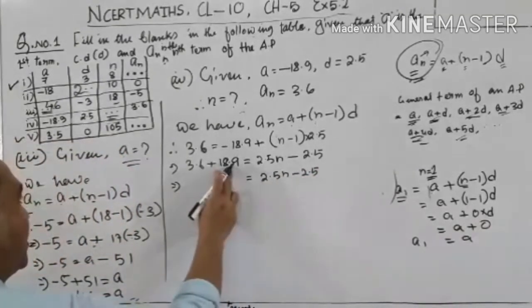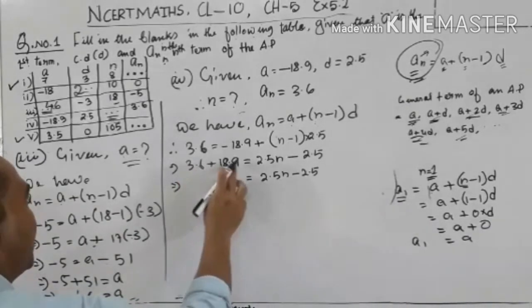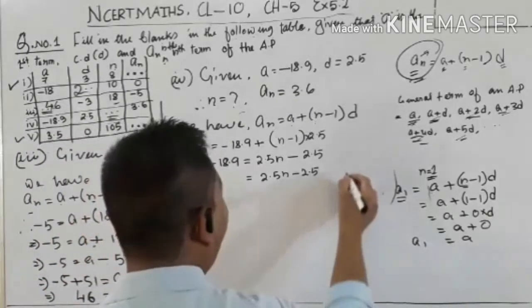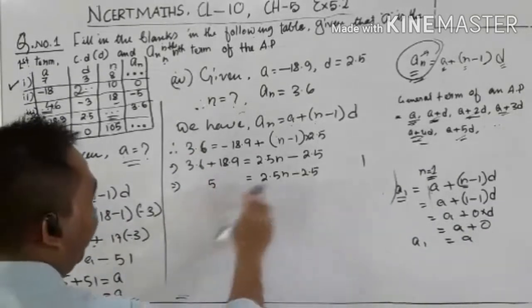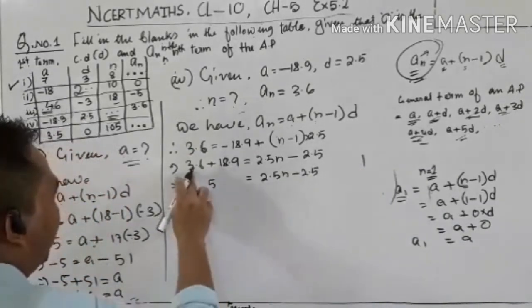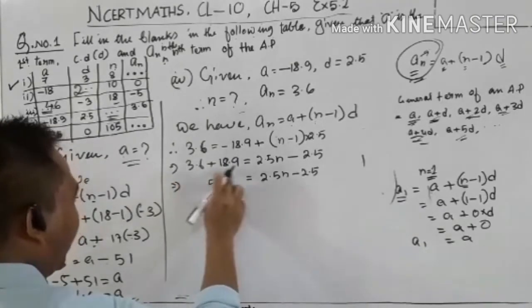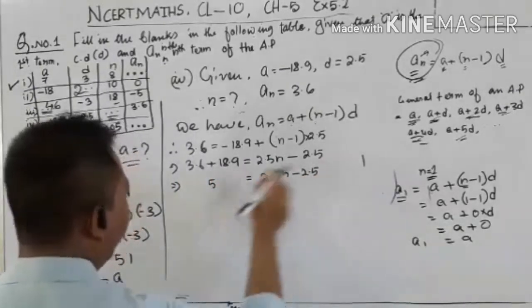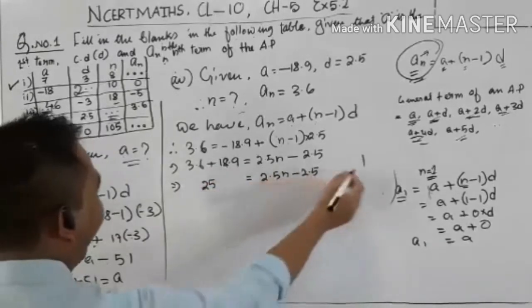Here also, one digit after the decimal point. So 6 plus 9, 15, 5 and 1 in hand. Then 3 plus 8, that is 11, plus 1 is 12, 1 in hand.